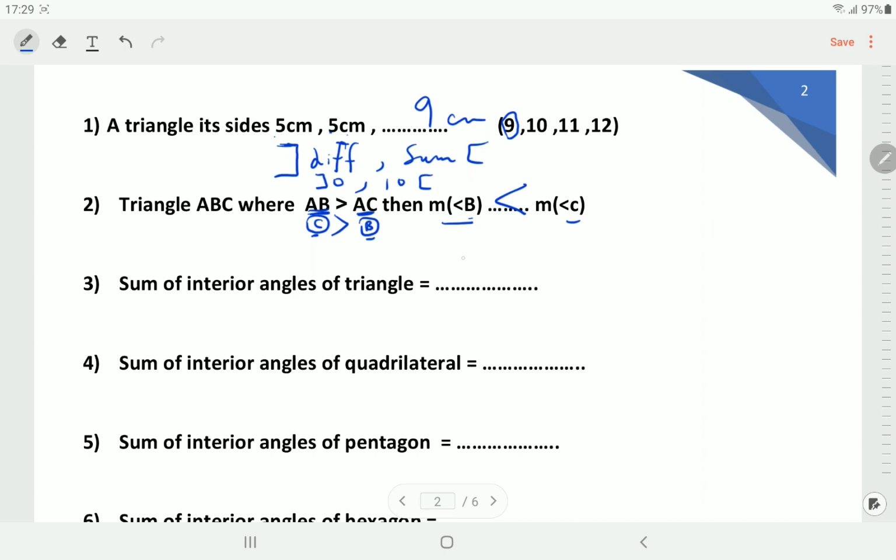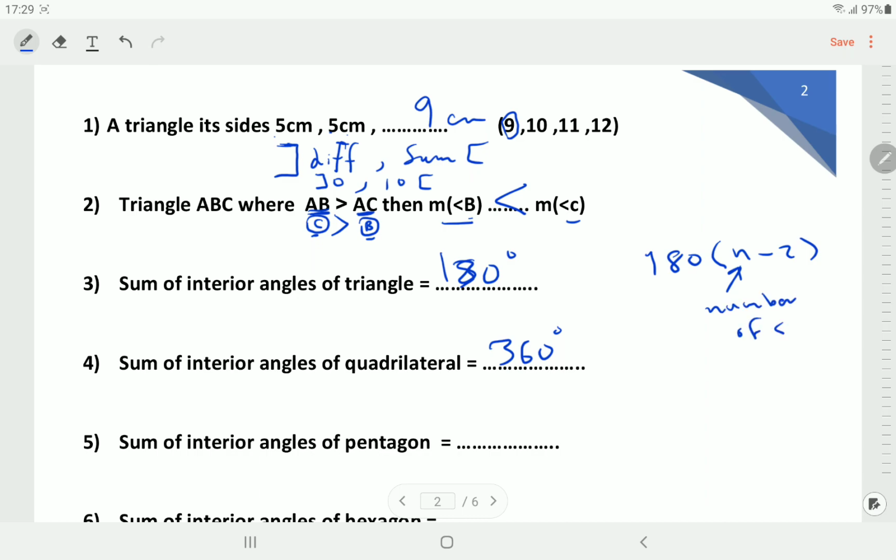The sum of interior angles of a triangle is 180. What about the sum of interior angles of a quadrilateral? For a quadrilateral we have 360. But you can use this law: the summation of interior angles of any polygon is 180 multiplied by n minus 2. Here n is the number of sides.